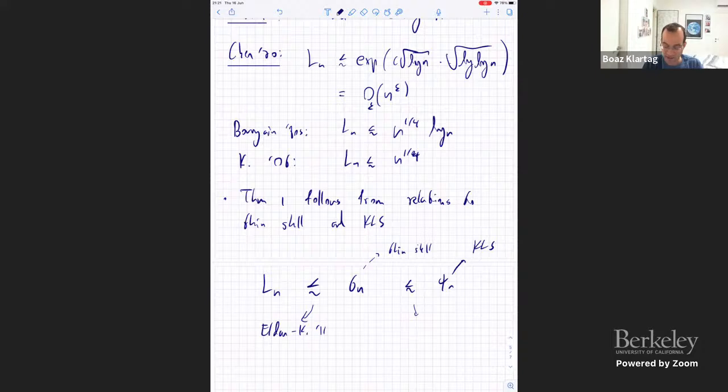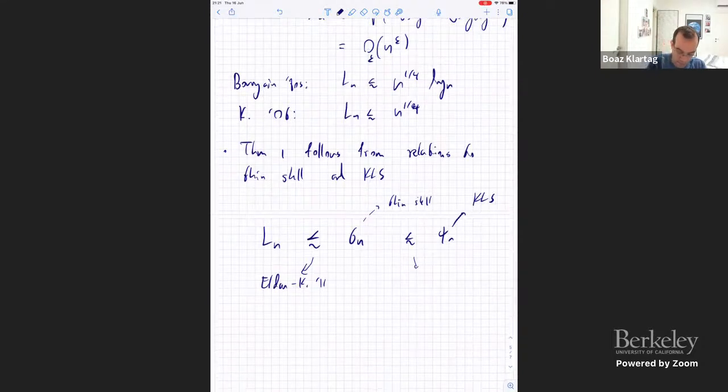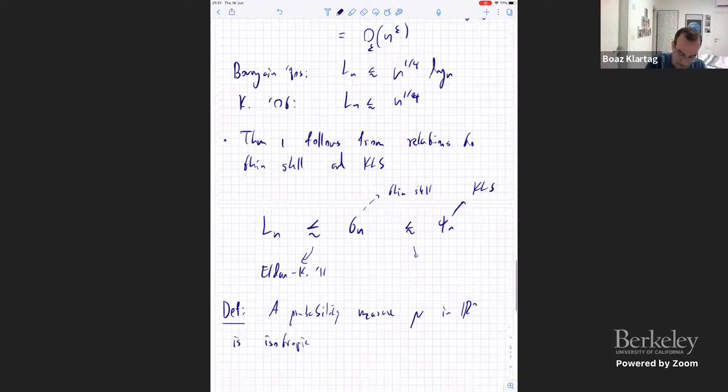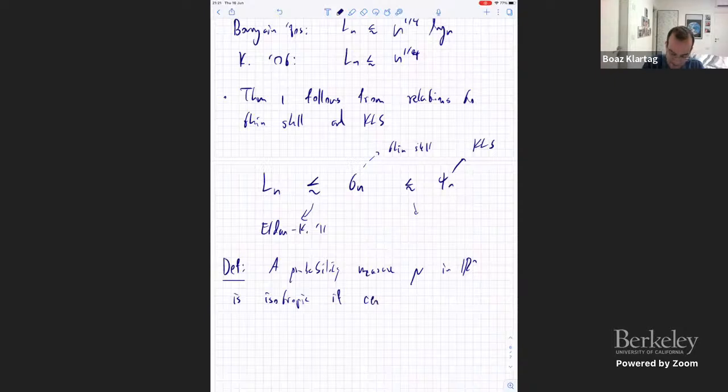Okay, so what are these things, thin shell and KLS? Definition. Let me say that a probability measure mu is isotropic if it is centered and its covariance is the identity.